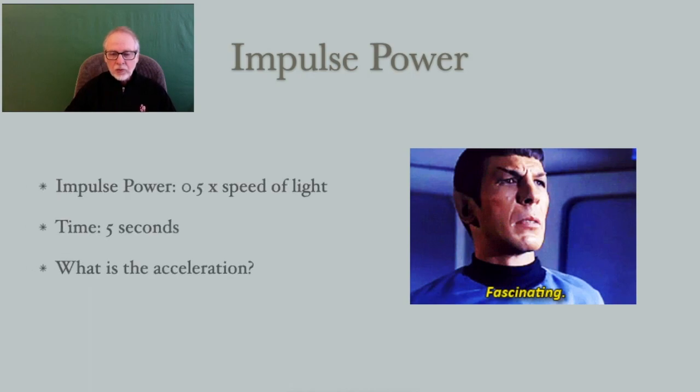So what we're going to be doing is working on a calculation to calculate the acceleration if the Enterprise is moving from 0 to 0.5 speed of light in a period of 5 seconds. What would that acceleration be? Clearly, that's a whole lot more than moving from 0 to 60 miles per hour in 5 seconds. This is an incredible bit of acceleration.